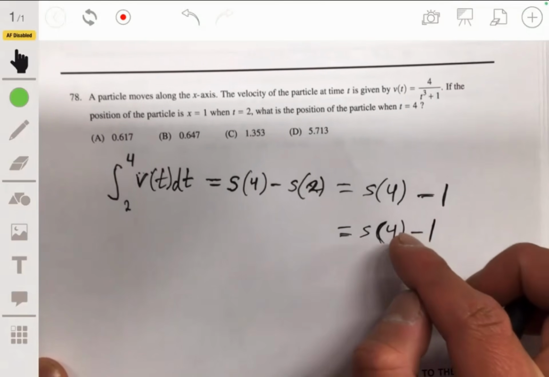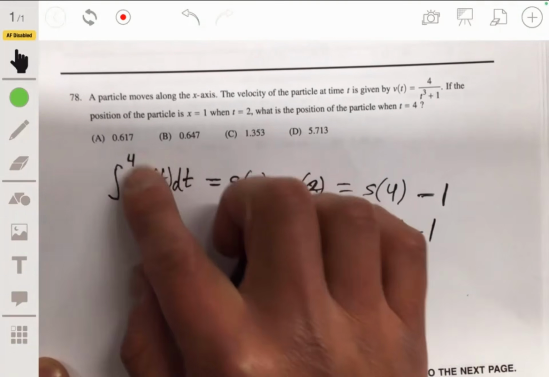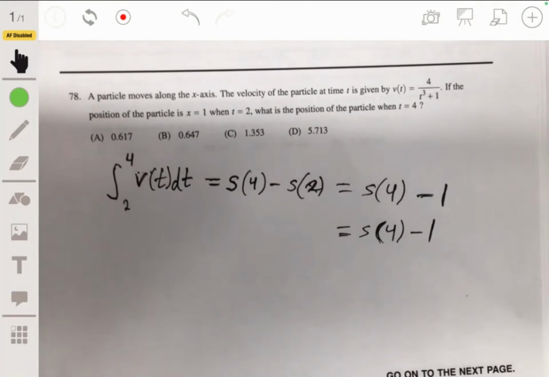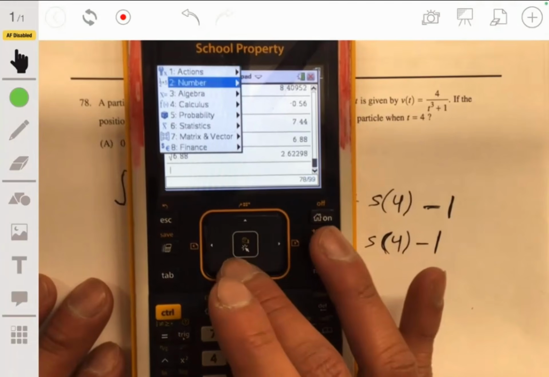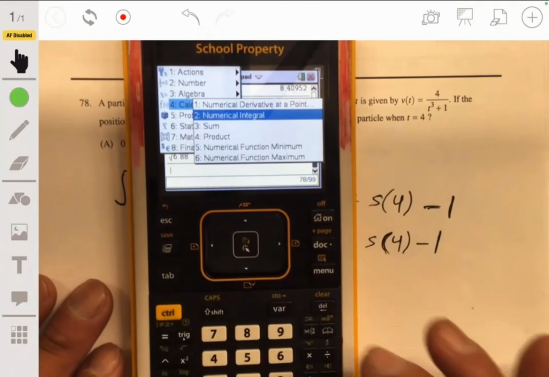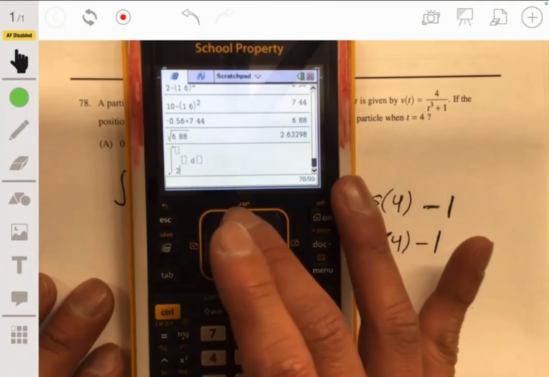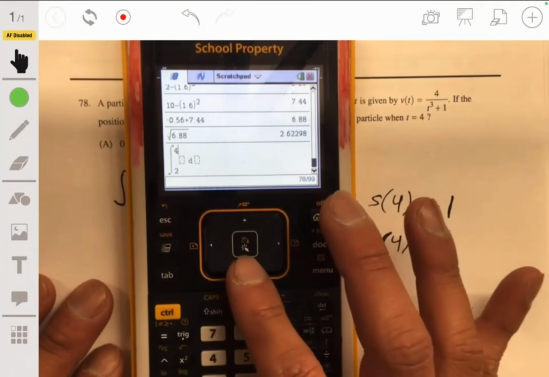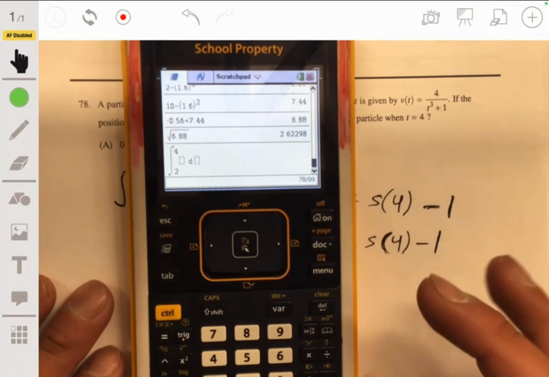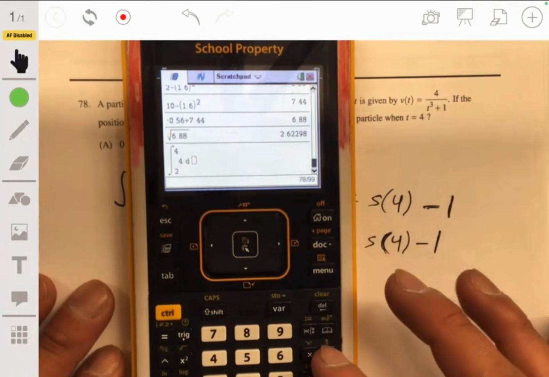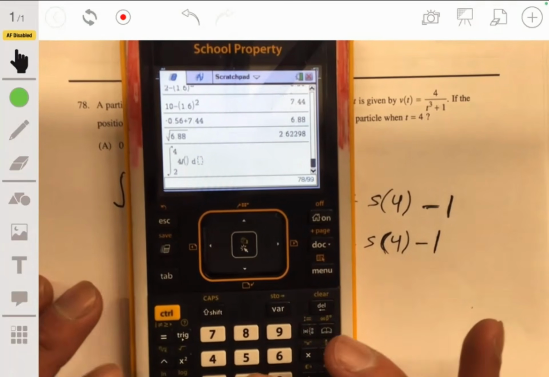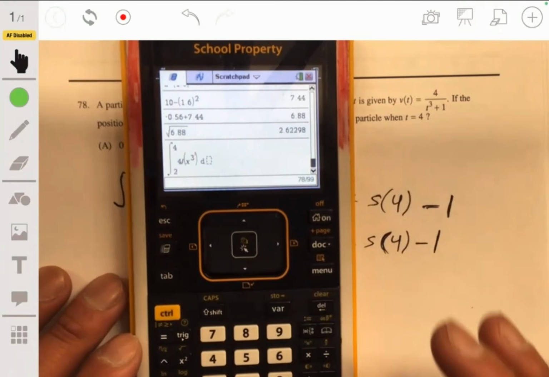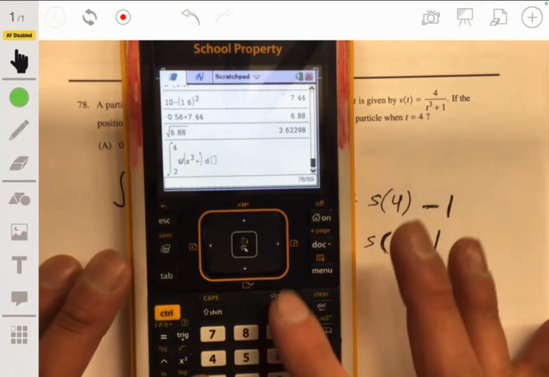So let's first integrate this in our calculator. We can use our calculus function with the numerical integral from 2 to 4 of 4 over t cubed plus 1, or we'll just have x cubed plus 1 instead.